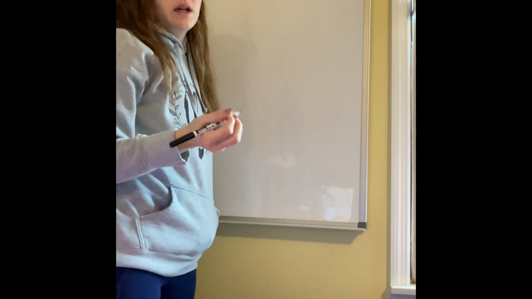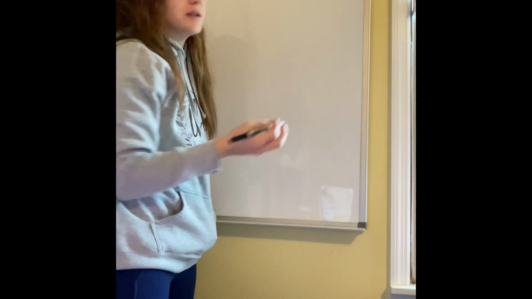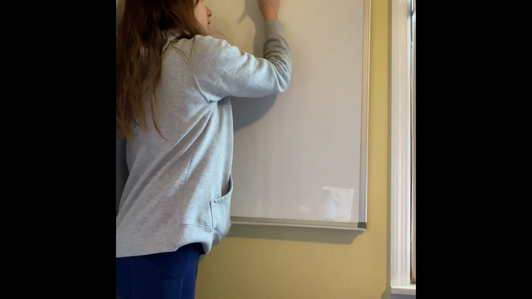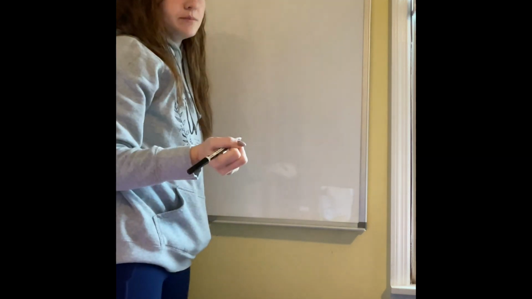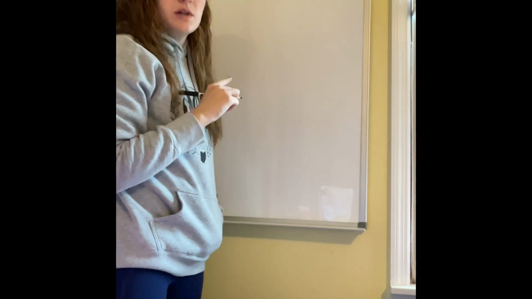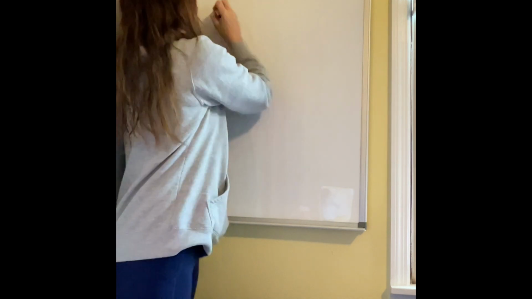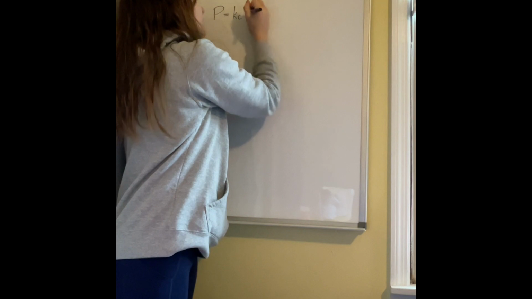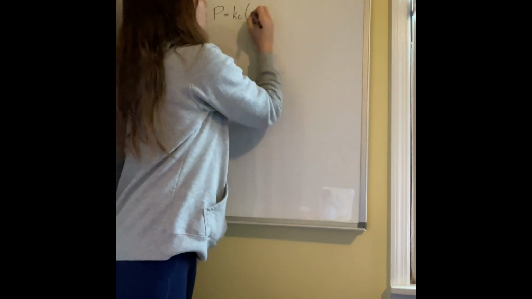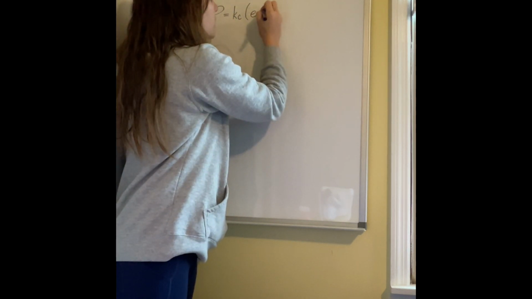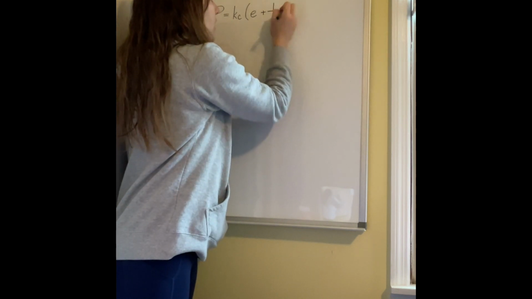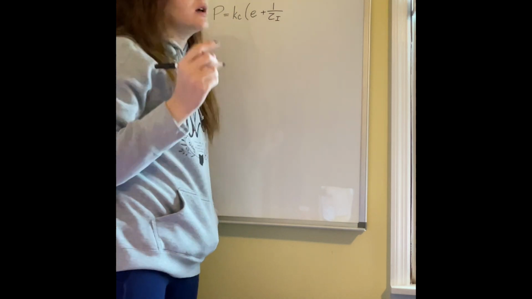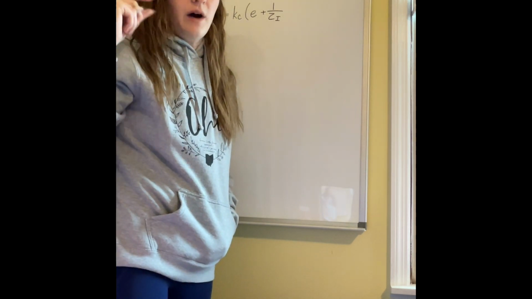And now we can say that our error is in the Laplace domain. So meaning that we are going to call our error signal our little e. It's in the Laplace domain. So now we're going to take the Laplace transform of this function. So we're going to call this our big P. And we're going to have our big P equal to Kc times our little e plus 1 over tau I. And then the Laplace transform of an integral is the Laplace variable divided by s.